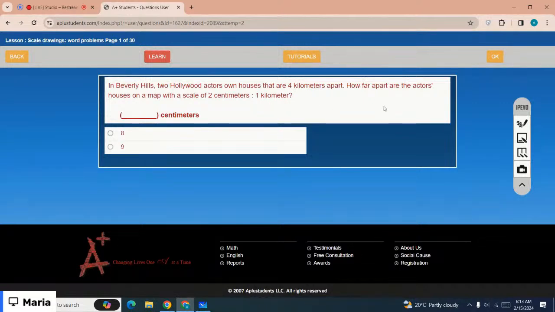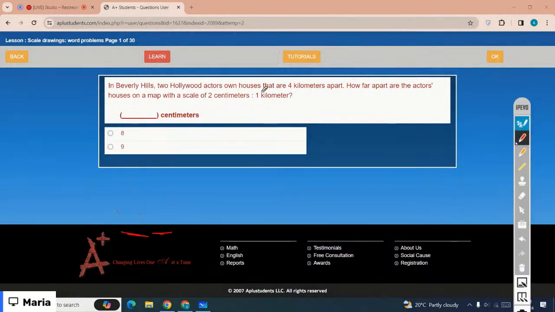You are given the scale, that is 2 centimeters to 1 kilometer, right? The actual distance between their houses is 4 kilometers. You have to find the distance on the map. So you need to see 1 times what number is 4. 1 times 4 is 4, right? That means you need to multiply this number by 4 also.